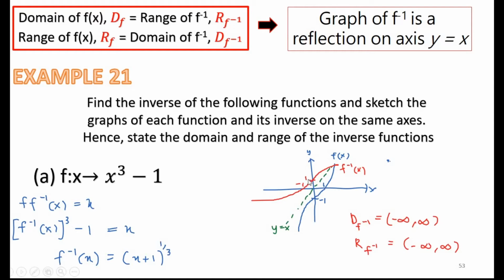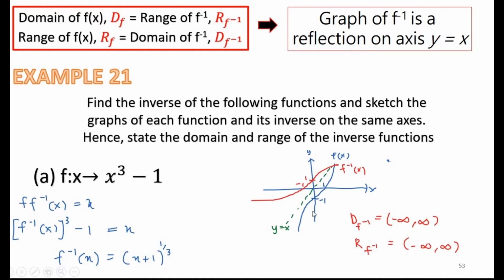So you have one point here, and then here we have (0, -1). So we take the inverse, which is (-1, 0). So this is the point. From here we just connect the two and reflect it on the line y equal to x.